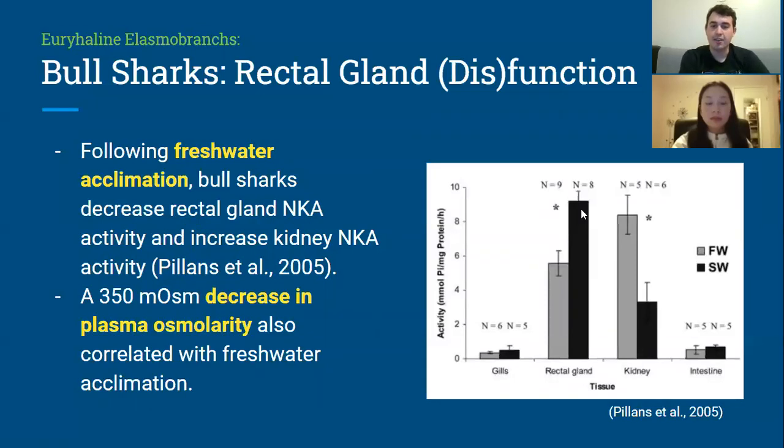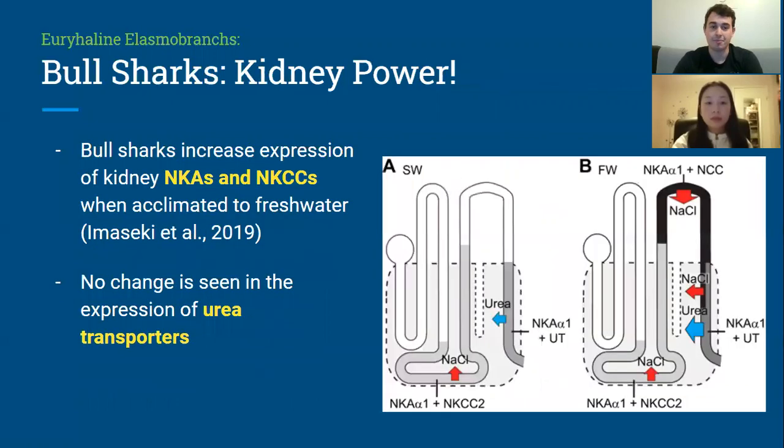There's also been found to be a 350 milliosmol decrease in plasma osmolarity, which is correlated with that freshwater acclimation, which is quite significant. And we will see why that happens. This is why: bull sharks increase the expression of their kidney sodium potassium ATPases and their NKCCs when they're acclimated to fresh water.